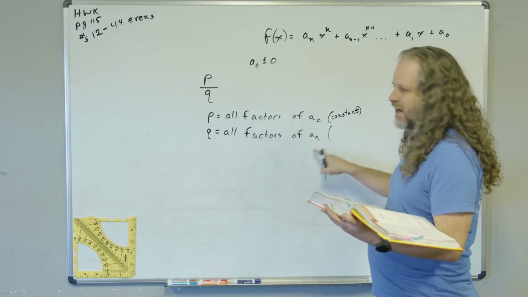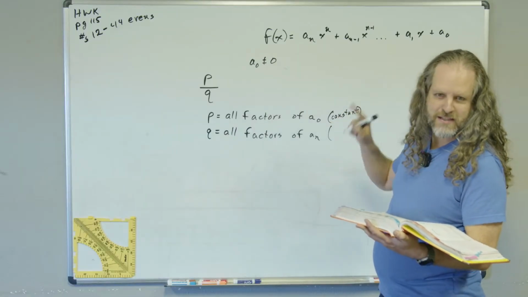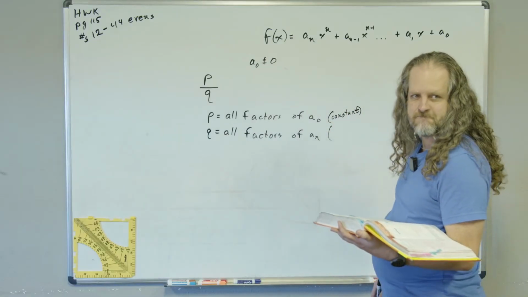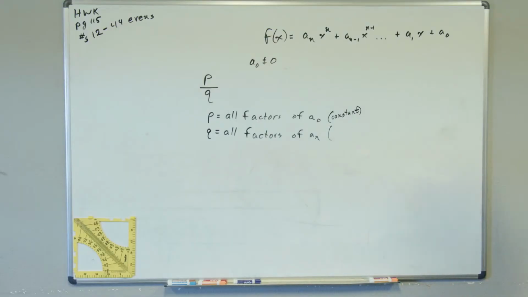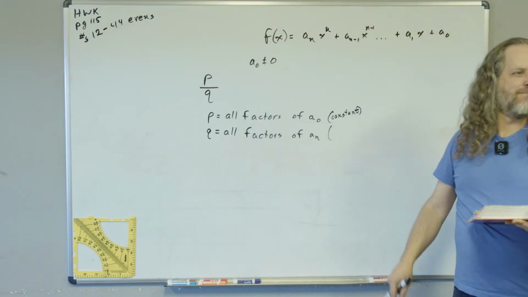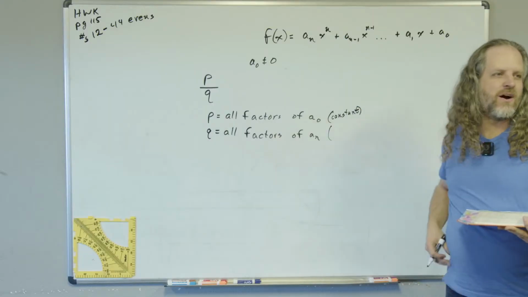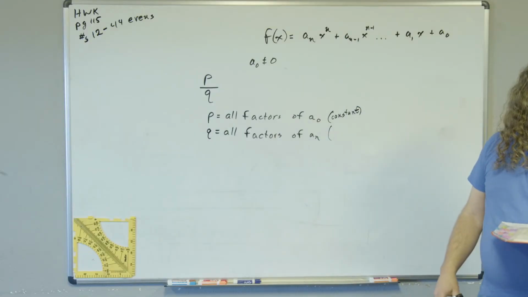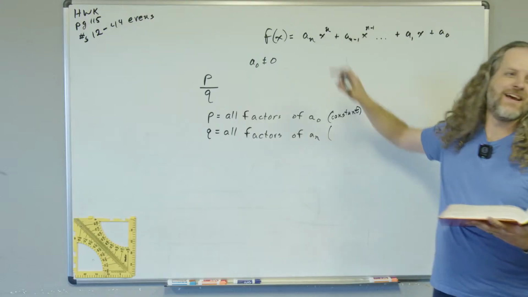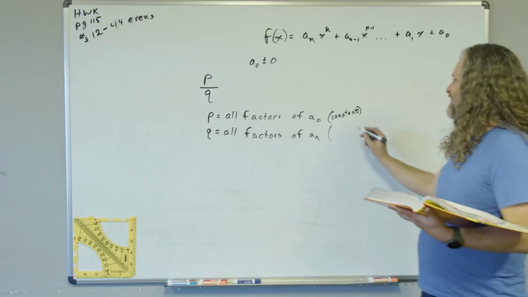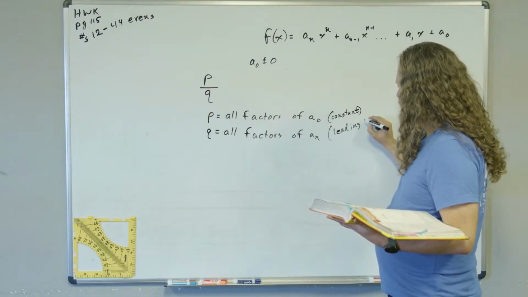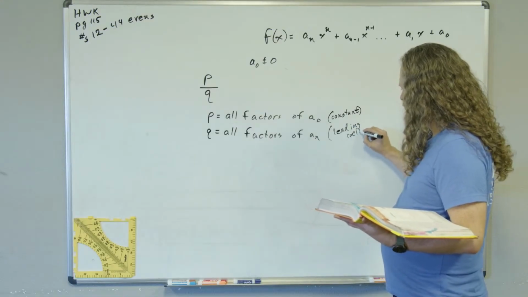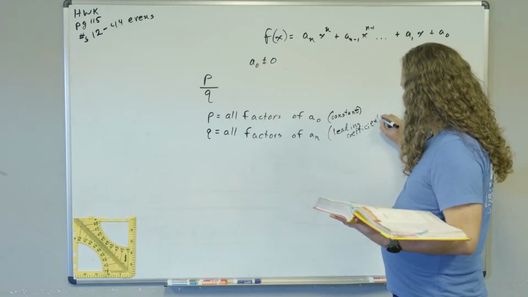A sub n is the very beginning term, the number on front. What is it called? Degree? No, that's the power, that's n. We're talking leading coefficient. Let's go.